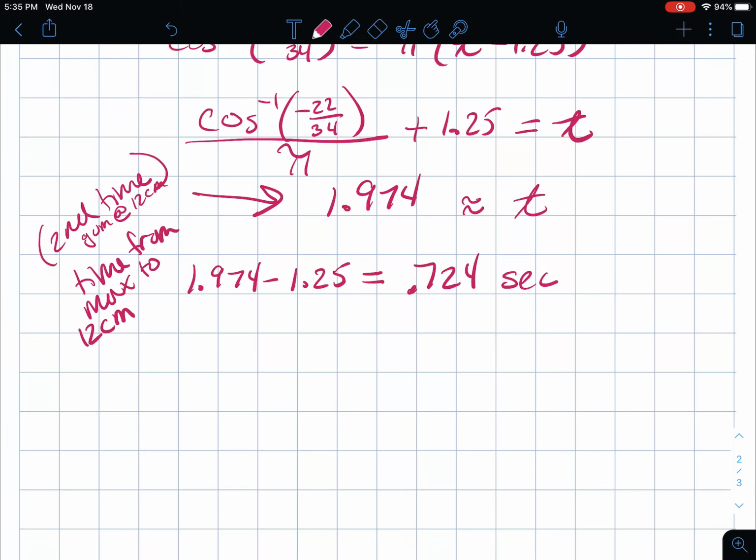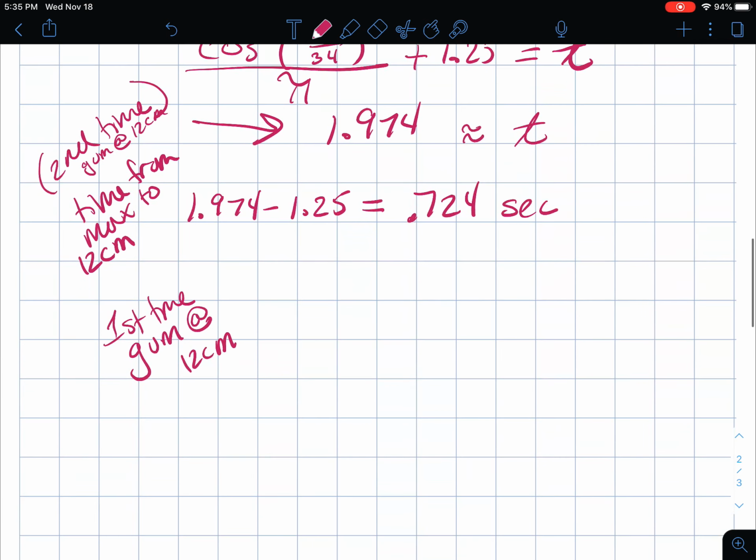Now, the first time the gum is at 12 centimeters is going to be 1.25. Remember, this is the time it takes to get to the max. That's where that one max is, right? Subtracting 0.724, when we subtract, we get 0.526 seconds.